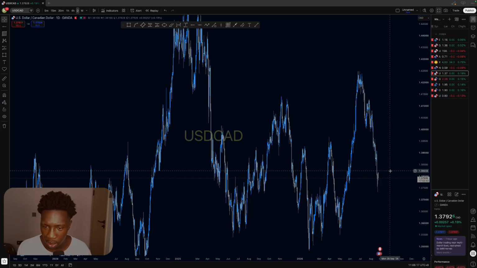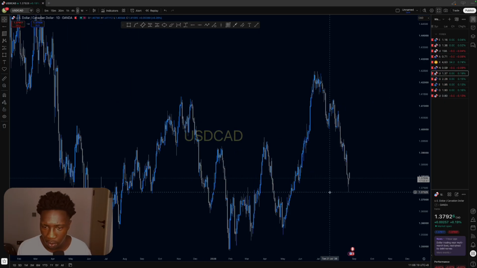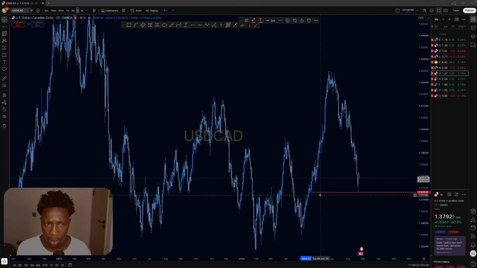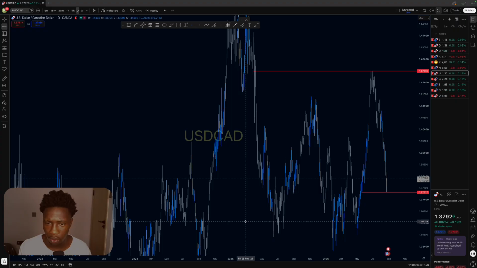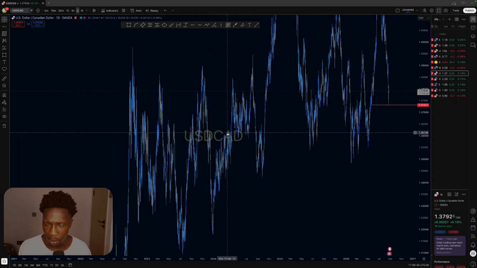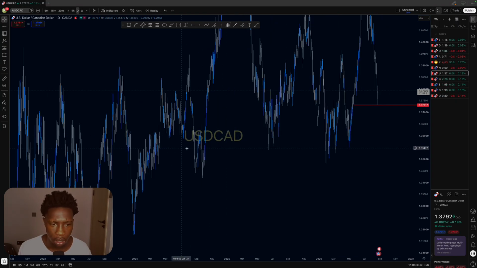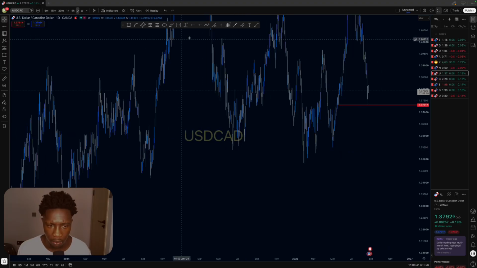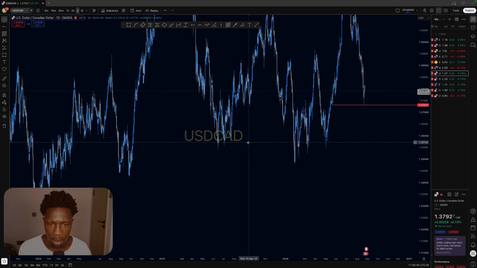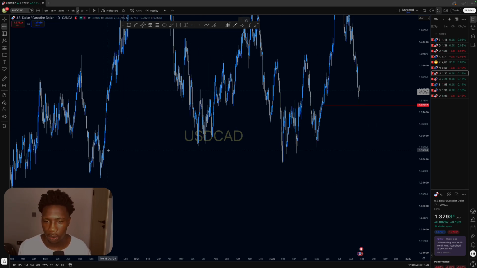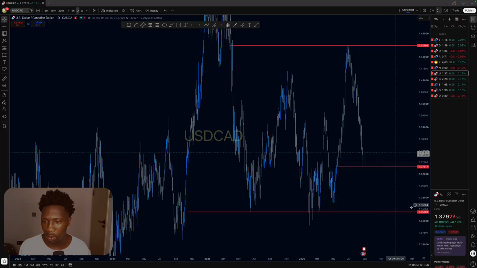But we saw that the market has reached this level, and also this level we have to take into account, and maybe this one, this level into account, where the market is just reversing and going up, reversing, going up.